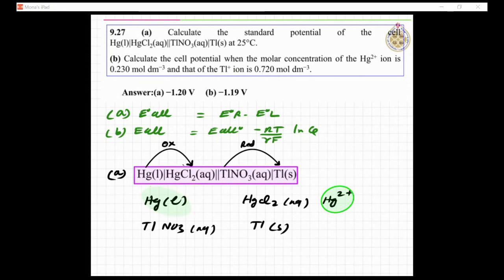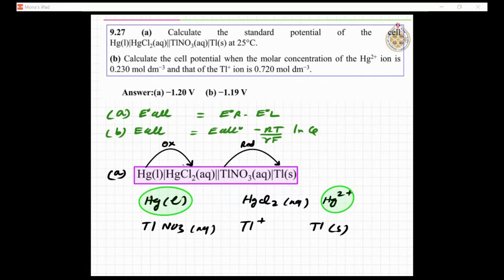The second one is supposed to be Tl solid, and here it should be Tl+. So that should be Tl+ here.